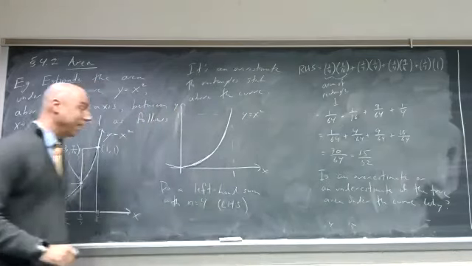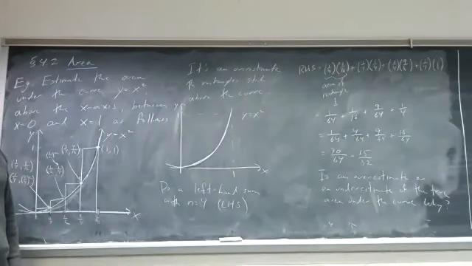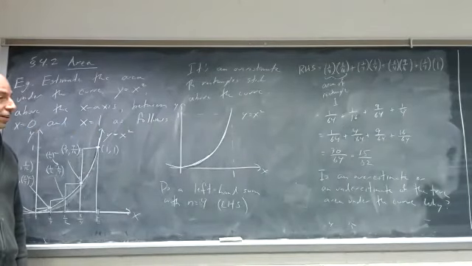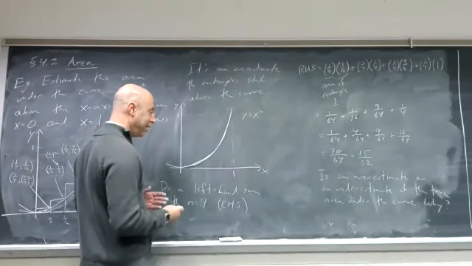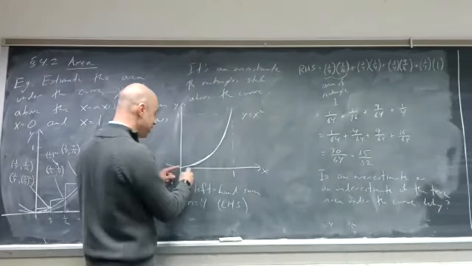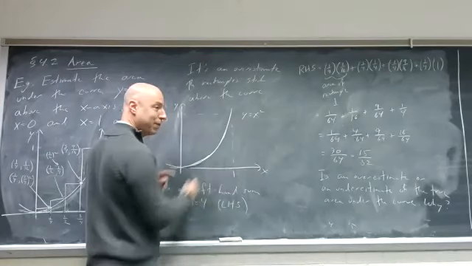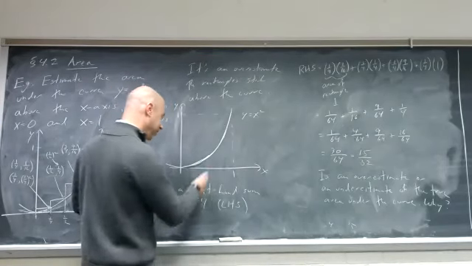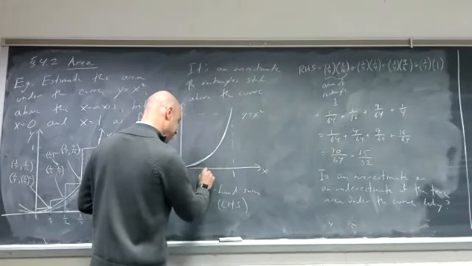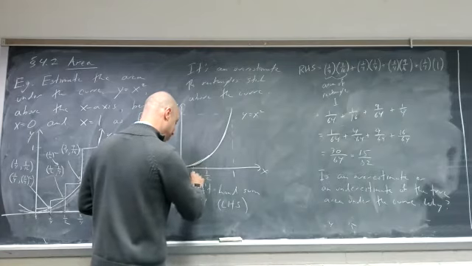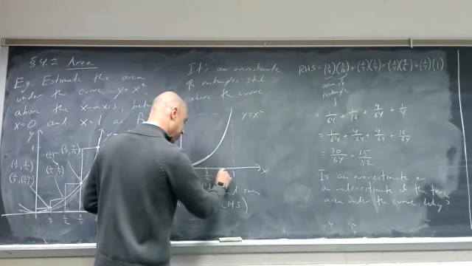Right-hand sum, RHS. Okay. Let's break the interval 0 to 1 up into 4 equal parts. Same dividing lines as before. We cut it in half and cut each of these into half, so that's 1/4 and 3/4.